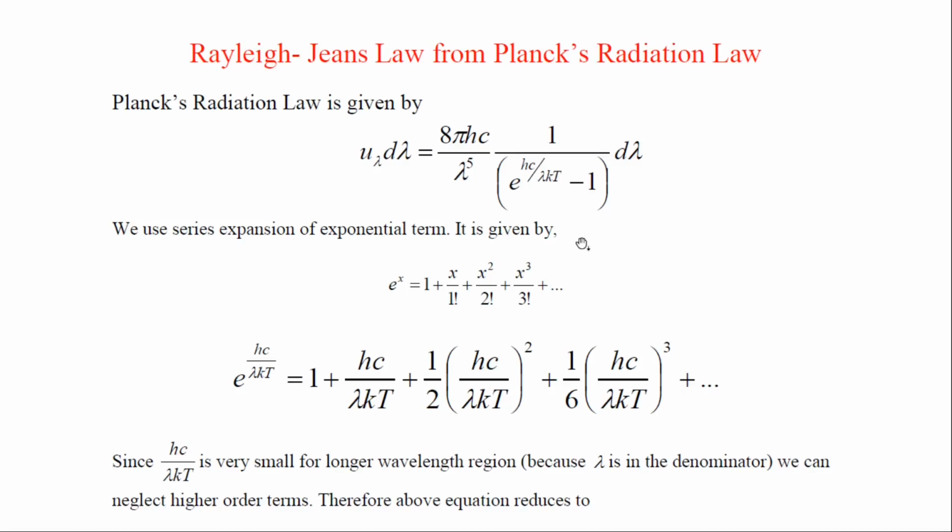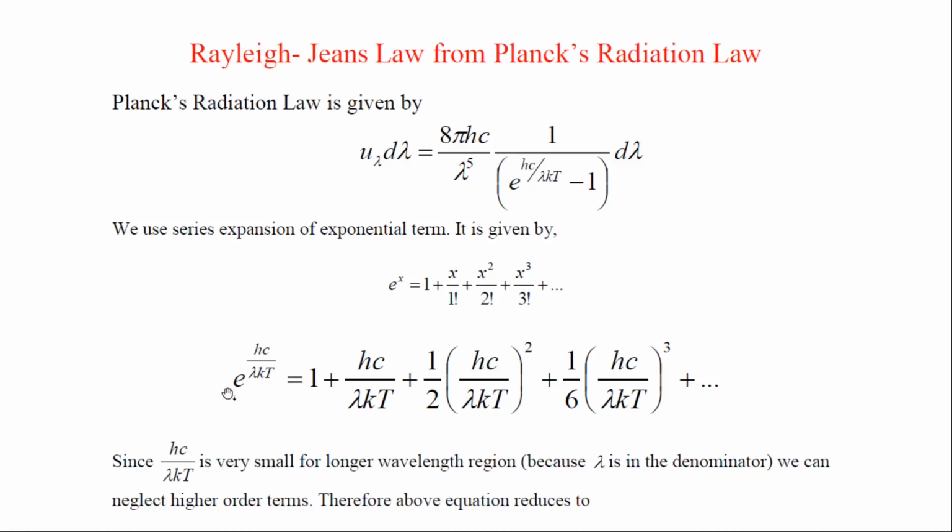Now I will use series expansion of the exponential term which is in the denominator of the right hand side. We know that from our series of exponential function e power x can be written as 1 plus x by 1 factorial plus x square by 2 factorial plus x cube by 3 factorial plus etc. up to x power n by n factorial. I will use this power series in order to expand e power hc by lambda kT.